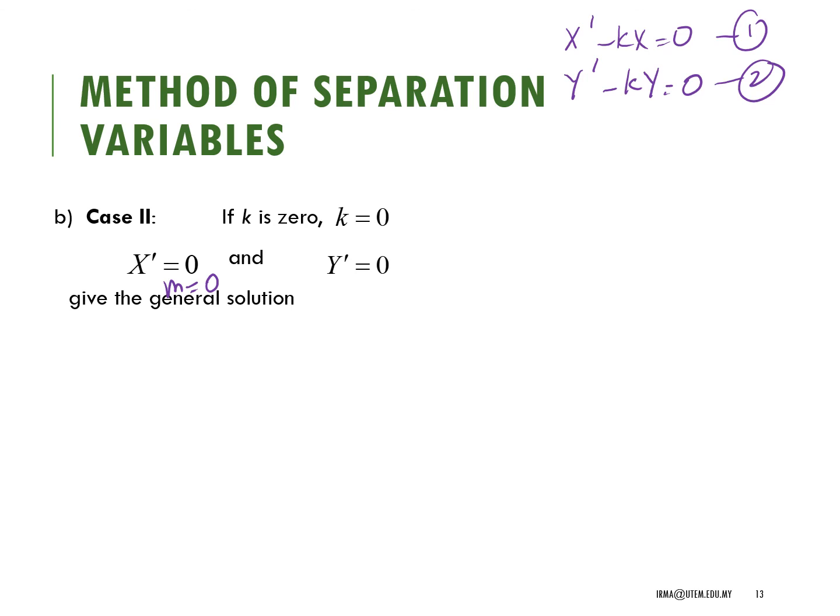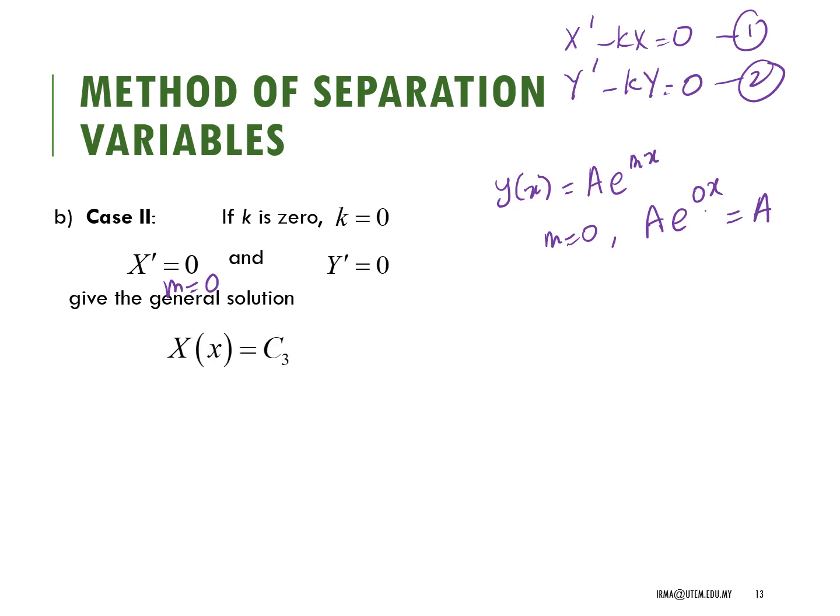Alright, if the root is 0, the solution is y equal to a e to the mx. If m equal to 0, you will have a e to the 0x, which we can write as a only, because e to the 0 is equal to 1.